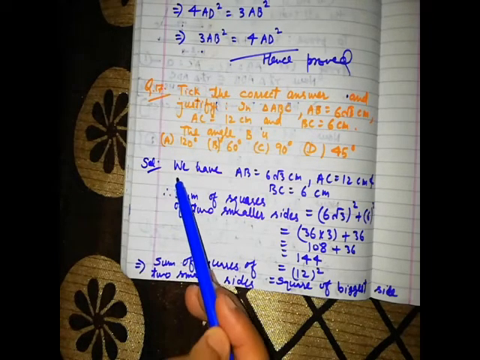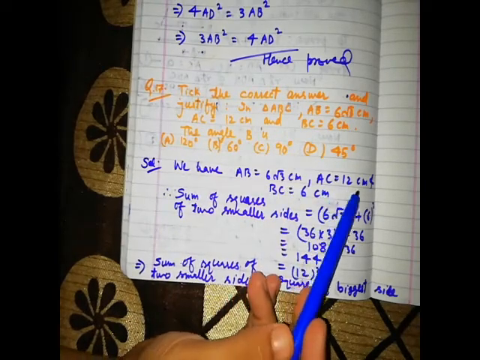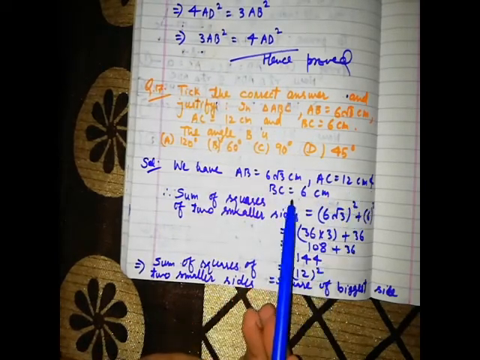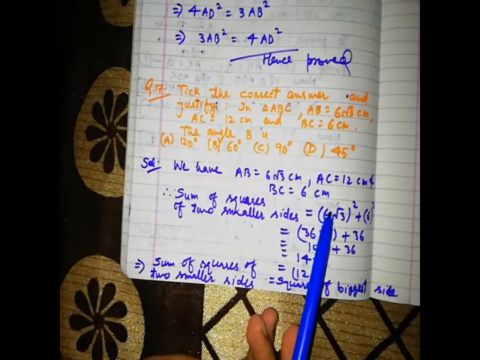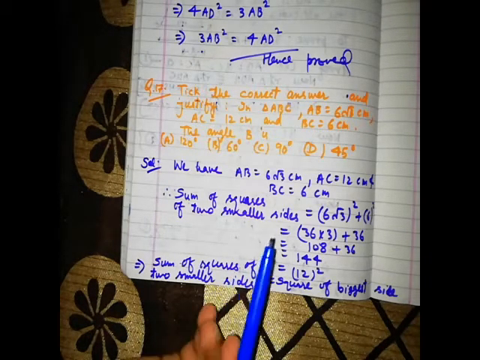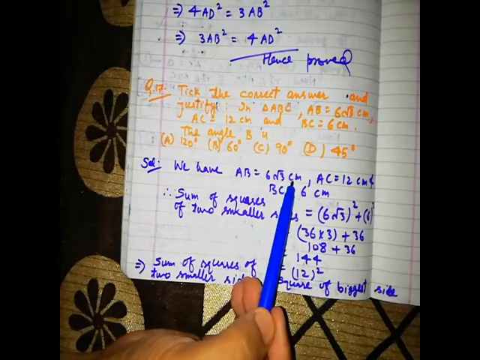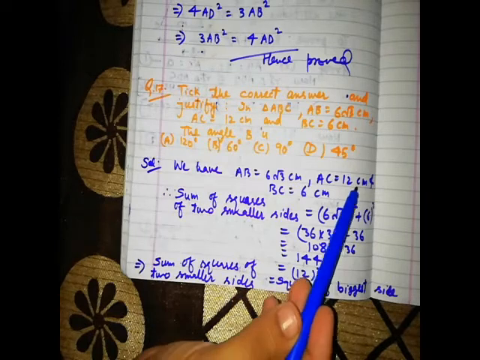So we have AB equal to 6 root 3 cm, AC equal to 12 cm and BC equal to 6 cm in triangle ABC. First of all, we'll find the sum of squares of two smaller sides here, and smaller sides are 6 cm and 6 root 3 cm, and bigger side is 12 cm.